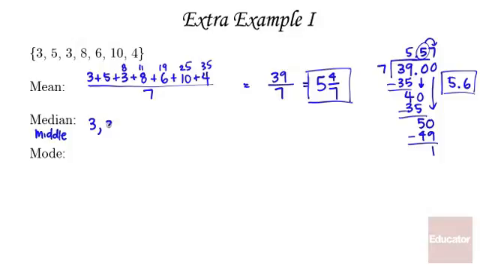I have another 3. Next is 4, then 5, 6, 8, and 10. So make sure I have 1, 2, 3, 4, 5, 6, 7 numbers. So the number in the middle, I can cross out the outside numbers one more time. And then my median will be 5.